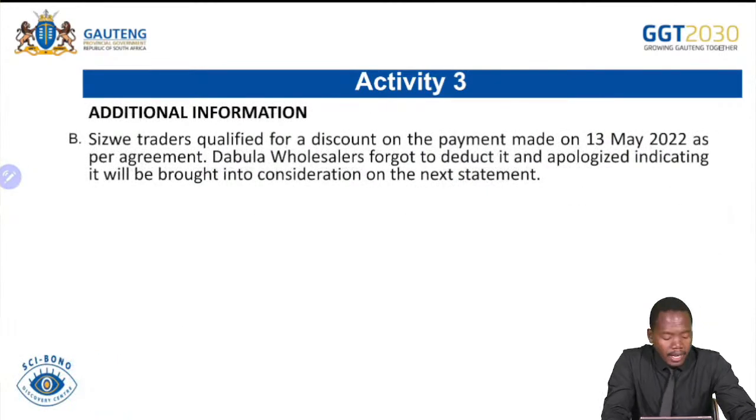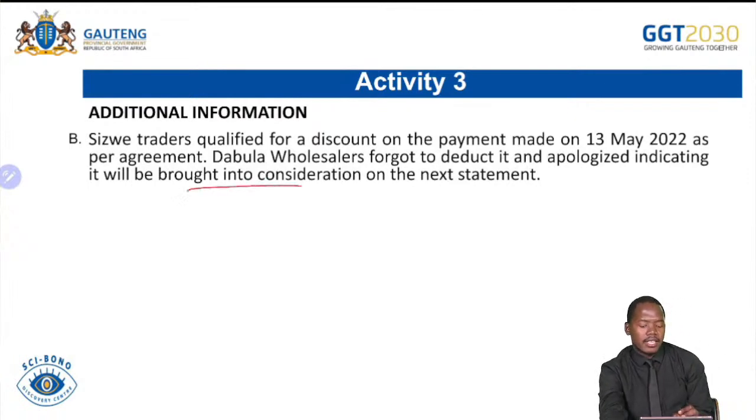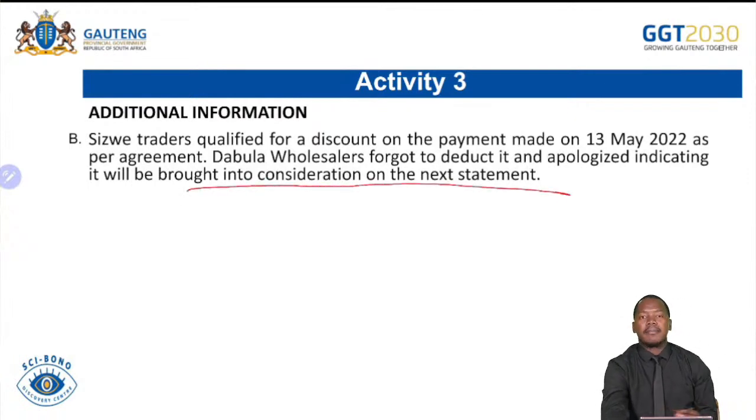Great. So we're moving forward to our other additional information. Sizwe Traders qualified for a discount on the payment made on 13 May 2022 as per agreement. Dabula Wholesalers forgot to deduct it and apologized, indicating it will be brought into consideration in the next statement.